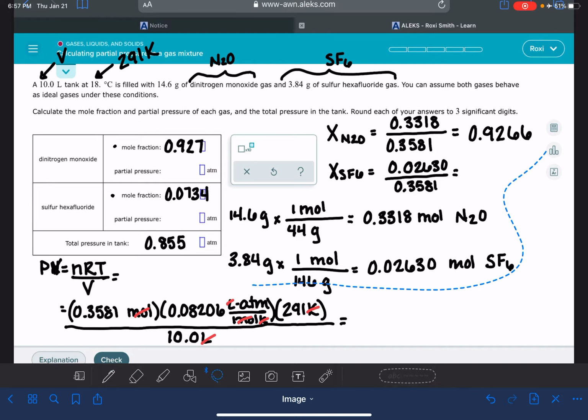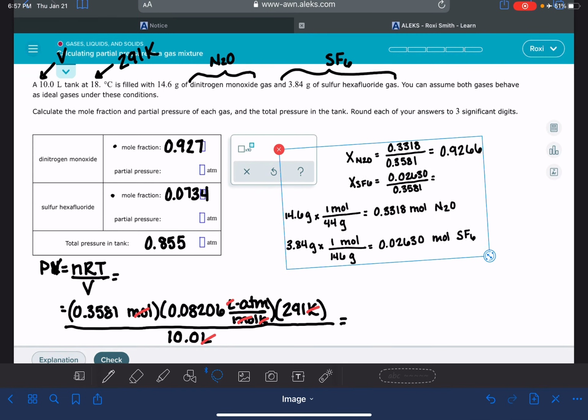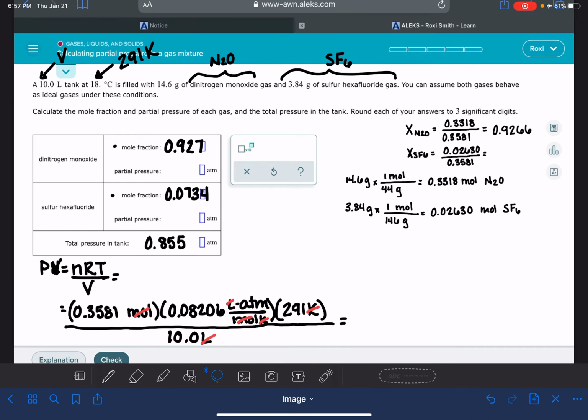Now, the last thing that we need to do is calculate the partial pressure of each gas. The partial pressure of a gas, N2O, comes from the mole fraction of that gas times the total pressure of all of the gases combined.